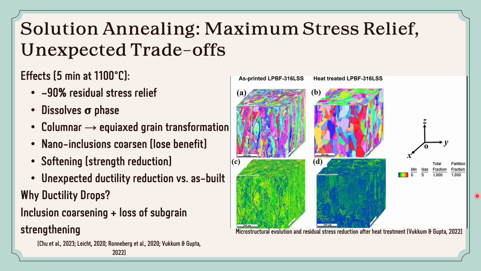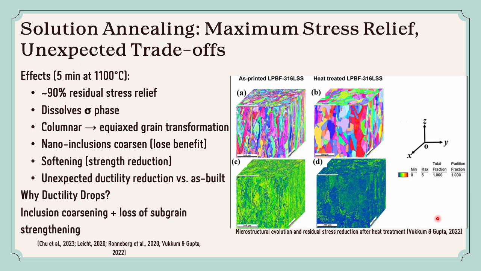However, there is a trade-off. Some of the microstructure features that make LPBF 316L strong begin to disappear during heat treatment. The nanoscale inclusions become larger, and the cellular subgrain structure is largely lost. As a result, the material becomes softer and its strength decreases.